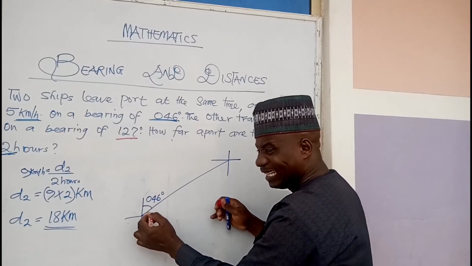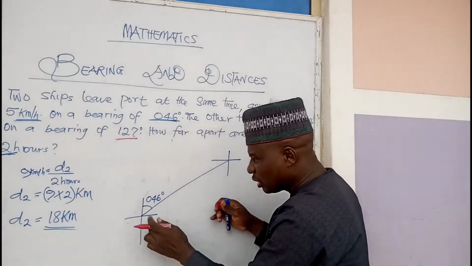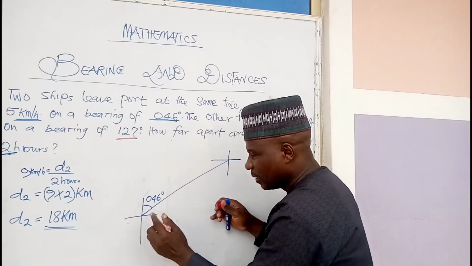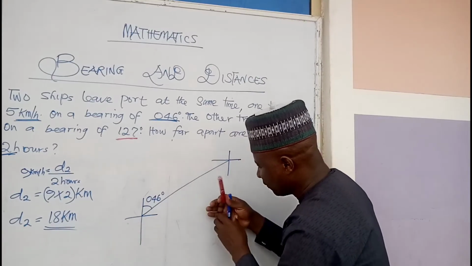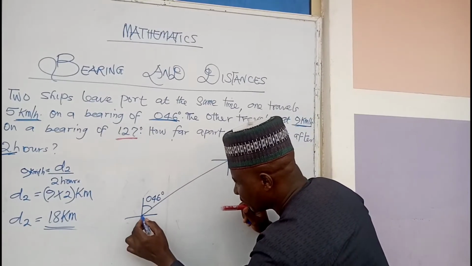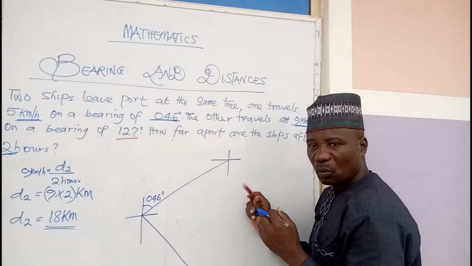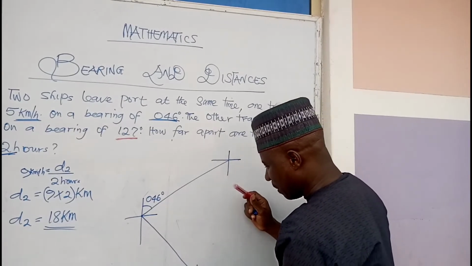From here to here is 90. It can never be here. From here to here is 180, abi. But I can get my 127 here. So I will now say this one is going to be 127. That is, I have my 127. So now I draw my cardinal.